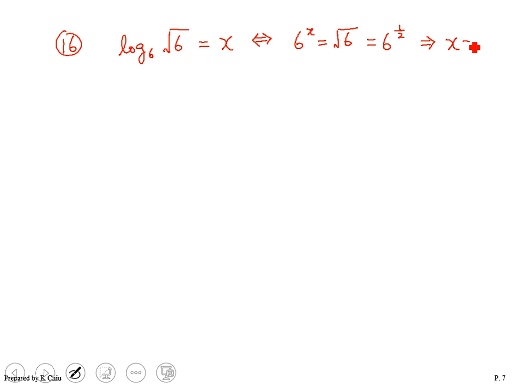X is equal to 1 over 2. Right? The bases are the same, so the exponents must be the same. Now note that we are using the n-th root of a, which is equal to a raised to the 1 over n. Okay?